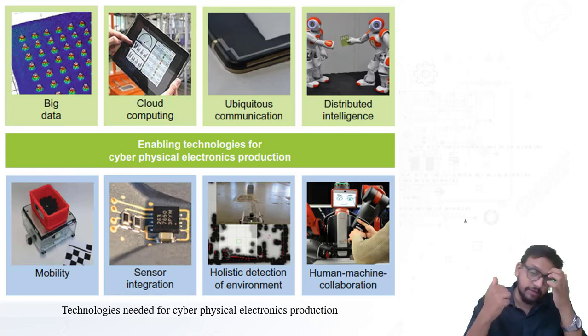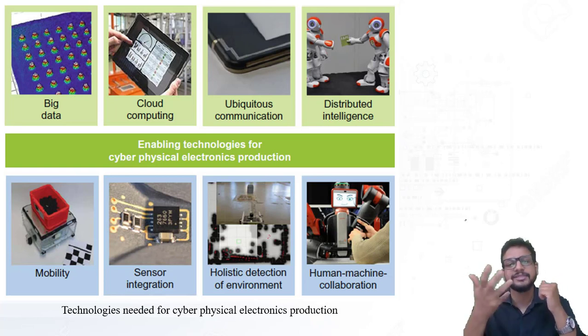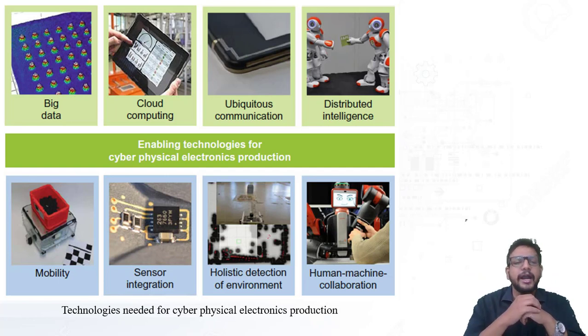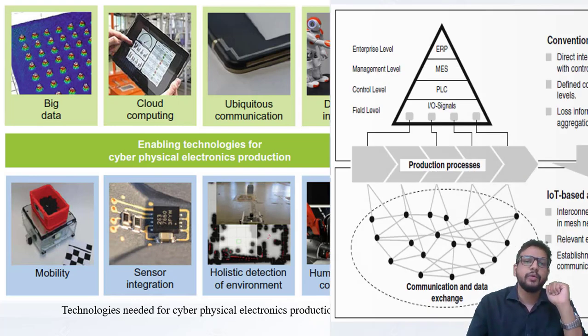Sensor integration is required, which is most of the time done by an Arduino device, connecting the input source with an output source. Then holistic detection of the environment and human machine collaboration. These are all the technologies required in the case of cyber physical electronic production. Whenever we need to connect our electronic production with the cyber world, all these components are required.